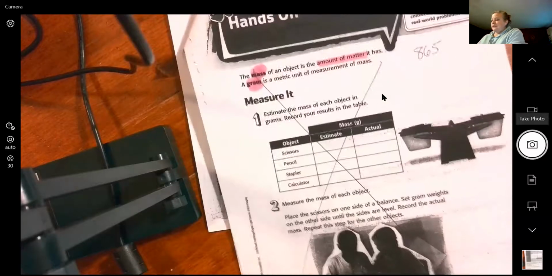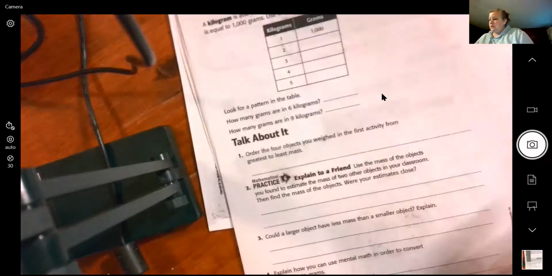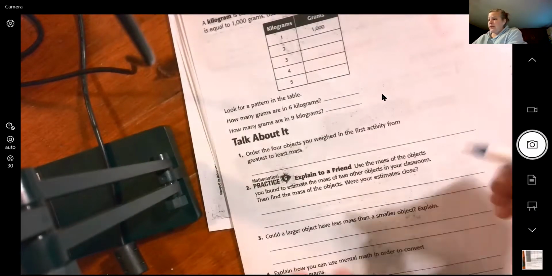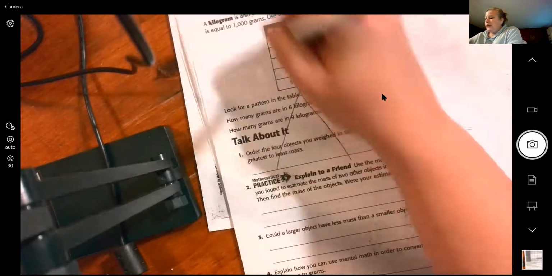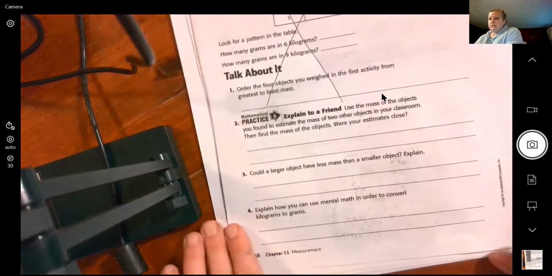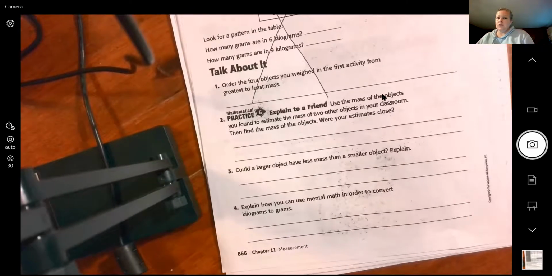So we're on page 865, which we said we couldn't do. We also can't do the try it on page 866, but we can look at our questions for number 2, 3, and 4. Using the mass of objects that you found to estimate the mass of 2 objects in your classroom, then find the mass of the objects where your estimates were close.